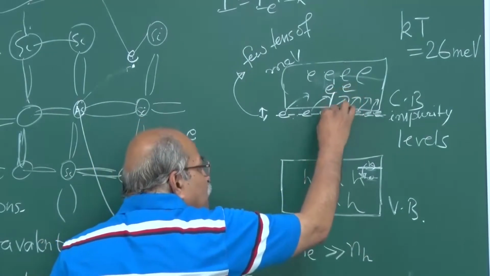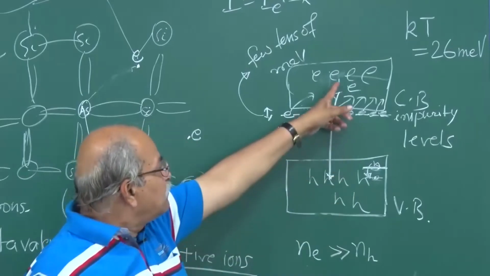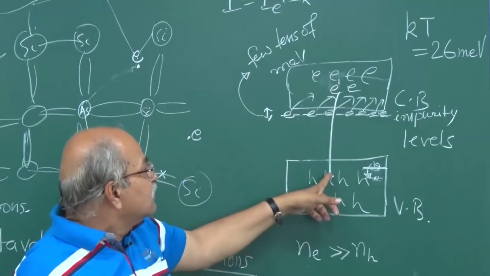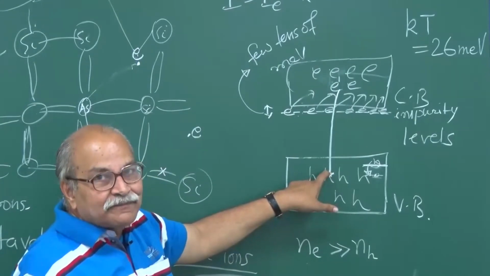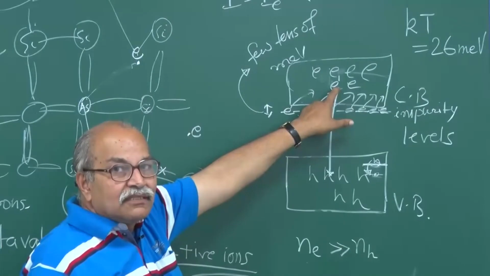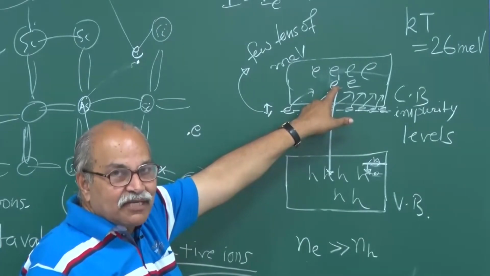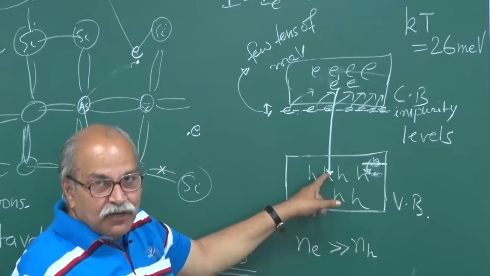that one electron goes and fills this hole and this pair is destroyed, this electron just goes and sits in this quantum state. So you don't have any more electron here, this quantum state becomes empty, and this quantum state which was empty becomes full.